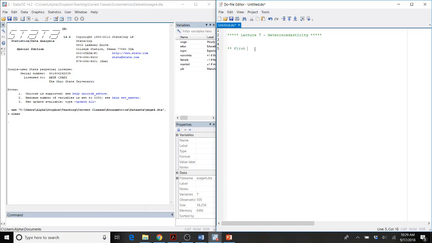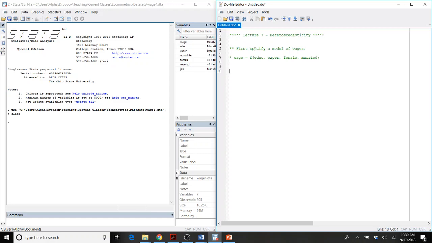Okay, now first, let's specify a model of wages that we think will be a good model. We always start with theory. So let's say wage is some function of education, experience, female, and married.